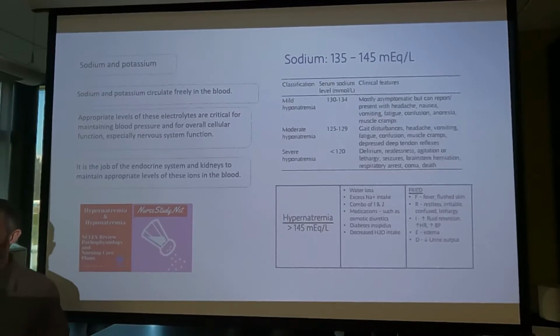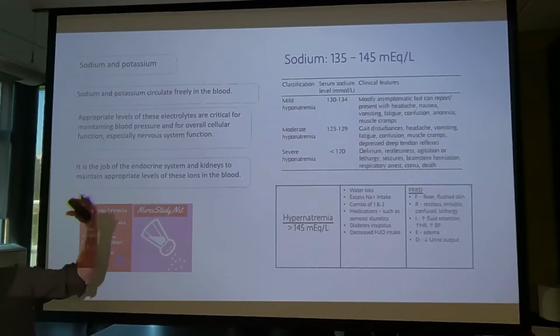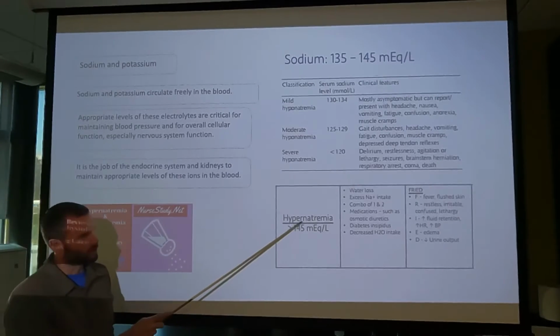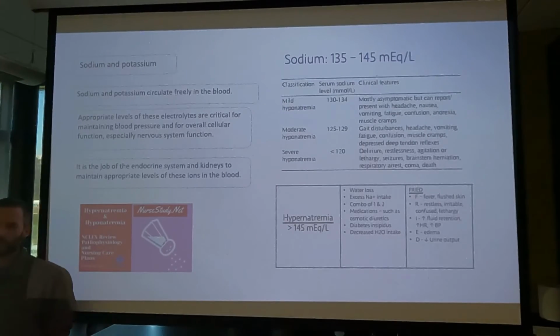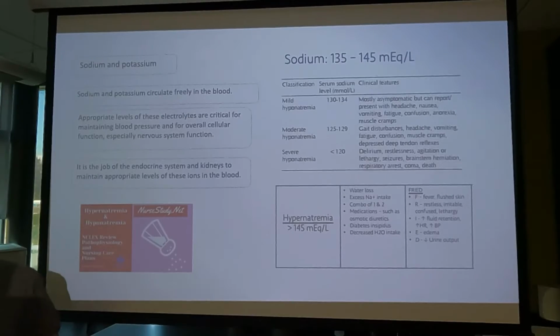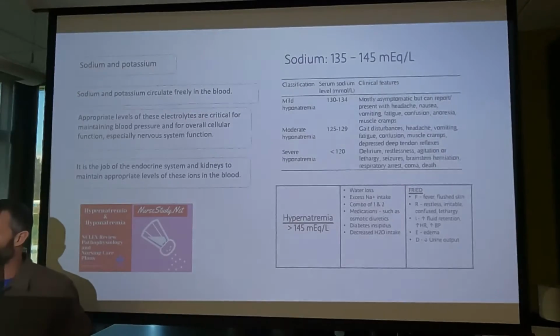Hypo means below. If your levels of sodium are too high, then you have a state of hypernatremia. And like I said, the levels of sodium in the blood directly affect blood pressure. And your kidneys are responsible for regulating the amount of sodium in the blood.